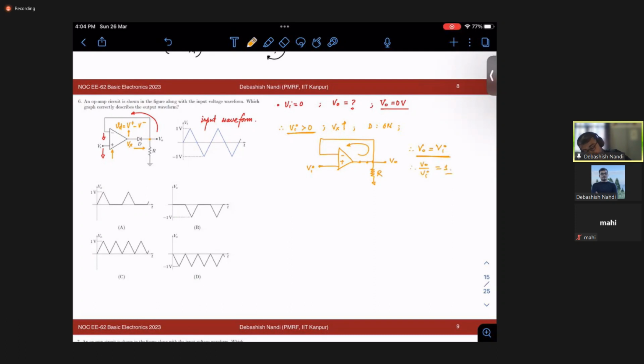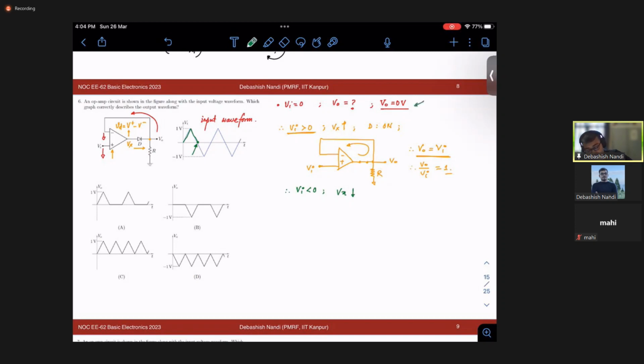Now what about when Vi is less than 0? If Vi is less than 0, my Vx tends to go down, right? Because see, this is my output so far. At this point, what is my V out? My V out is 0. How? Because my V in is 0 at this point.